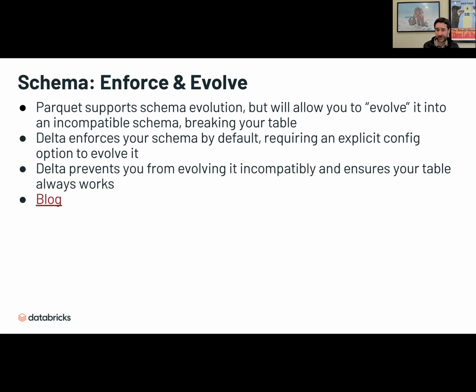When you enforce a schema, you also need to allow it to evolve correctly as well. So what we mean by schema evolution is, let's say you have a Delta table that has column A, B, and C, and you want a fourth column called column D, and it will allow you to have that column.